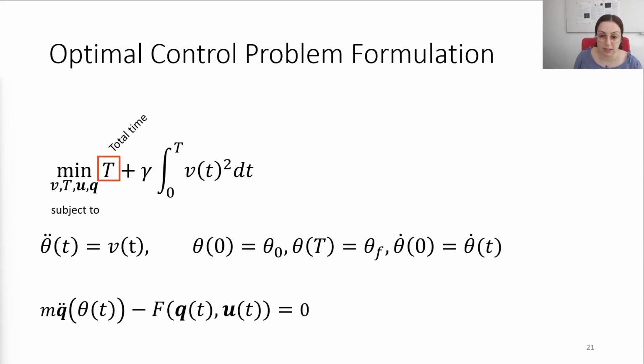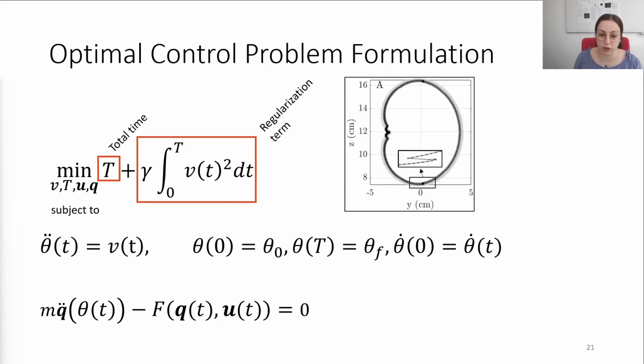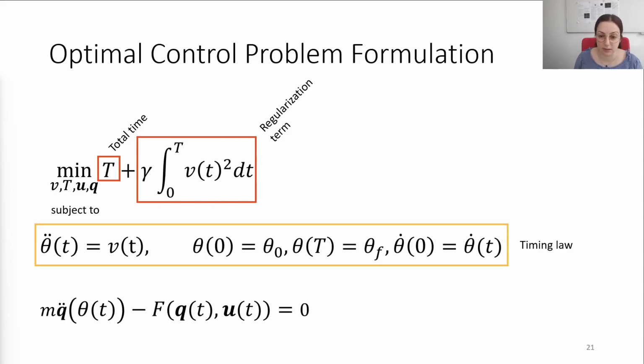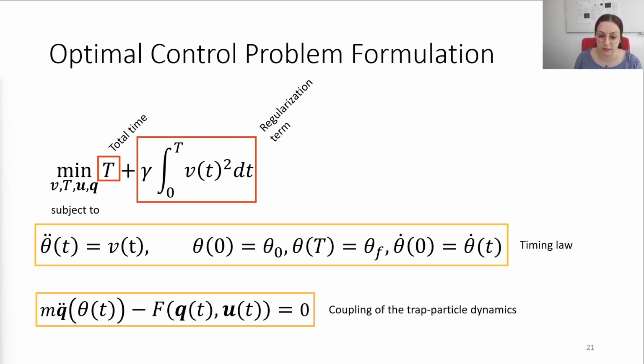We minimize the total time t it takes to render the shape. And in the cost function, we also add a regularization term that smoothens the trap trajectory to avoid too aggressive solutions that could potentially destabilize the particle, like the example in the figure. The cost function is subject to the following constraints that ensure the particle remains on the prescribed path and that it admits the dynamics of the modeled trap particle physical system.